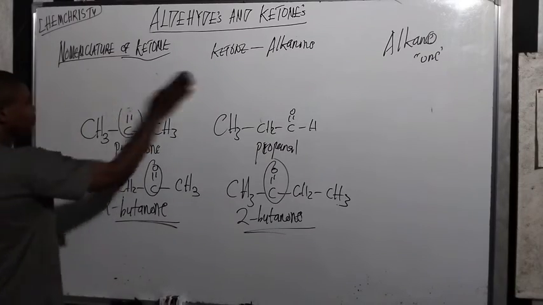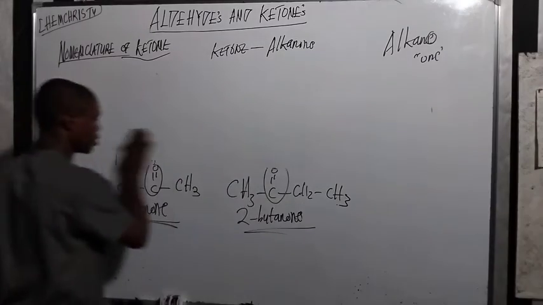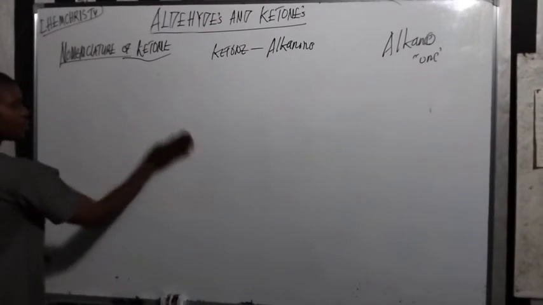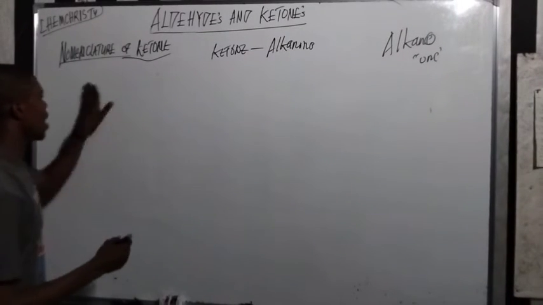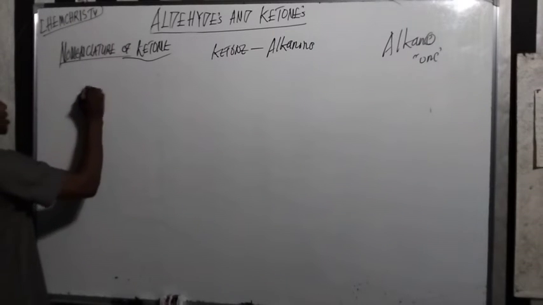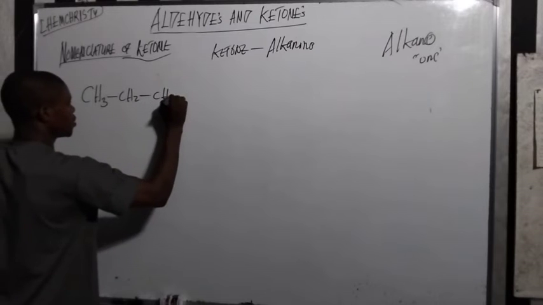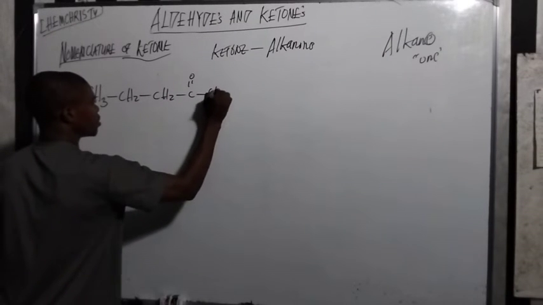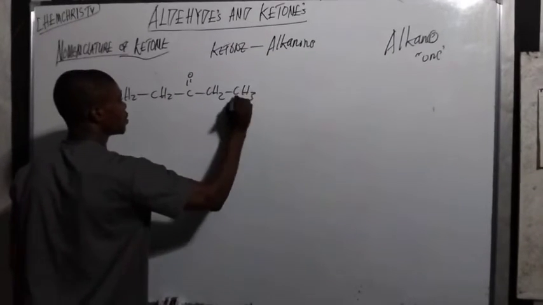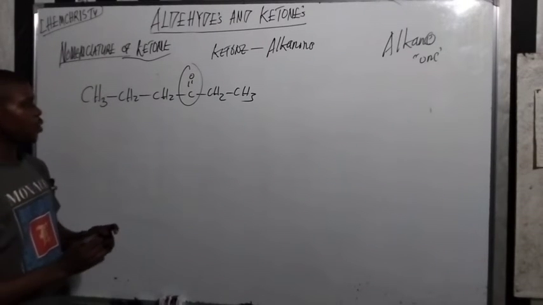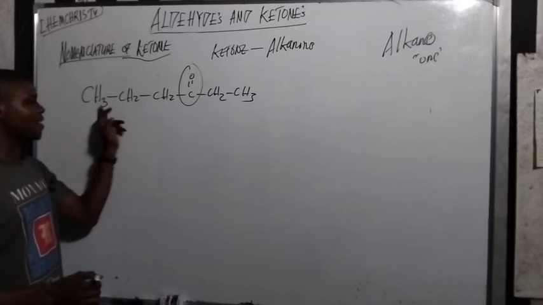So now let's look at a difficult one. For example, here we have CH3, CH2, CH2, C. How do you name this compound? 1, 2, 3, 4, 5, 6.